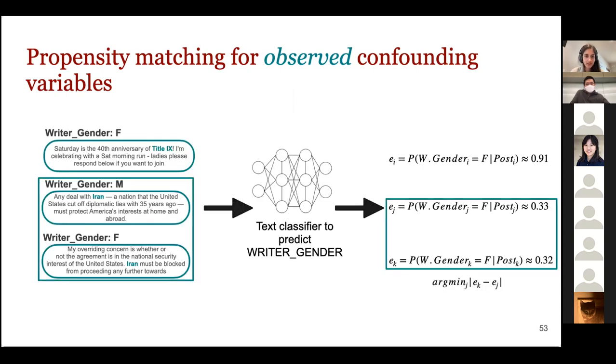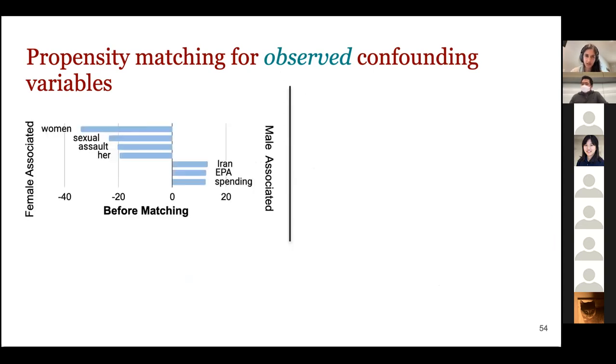So what we're doing here is building a data set that is balanced in terms of how predictive preceding context is of gender. What that means is if we were to train a classifier on this new data set that we've balanced, we no longer expect it to learn features that are predictive of preceding context, because we've broken that correlation between preceding context and gender in our training data.